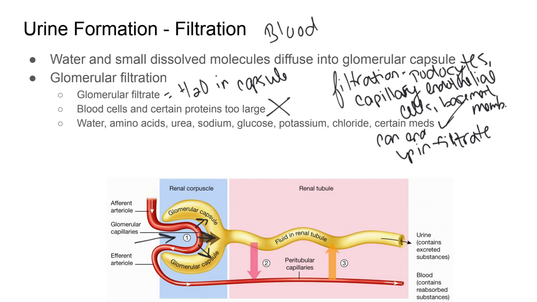So that's going to make up what we call our filtration membrane. The small molecules are going to go through that filtration membrane and end up in the filtrate that's in the capsule.